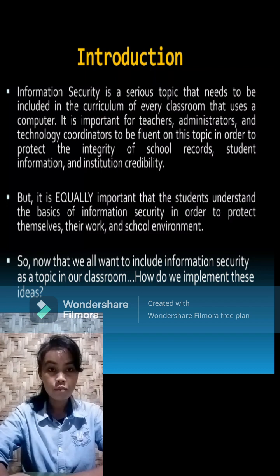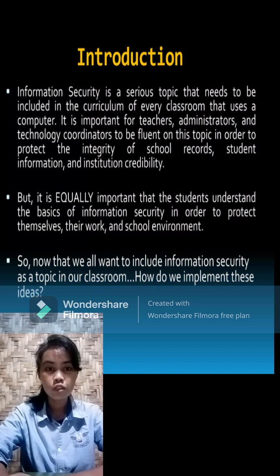But it is equally important that the students understand the basics of information security in order to protect themselves, their work, and school environment.